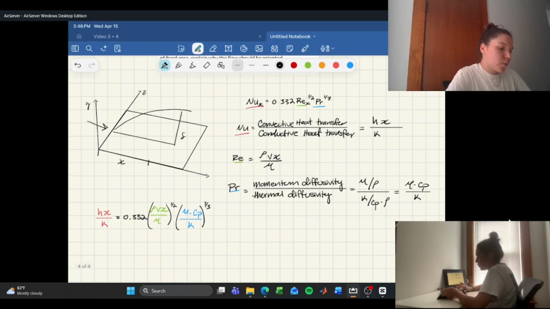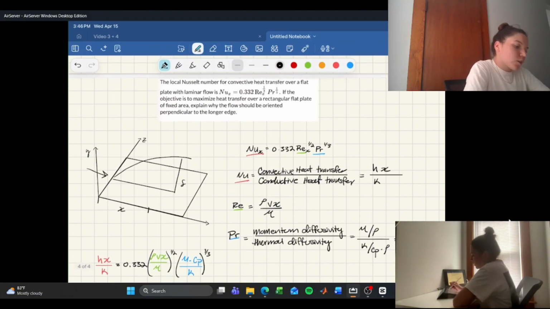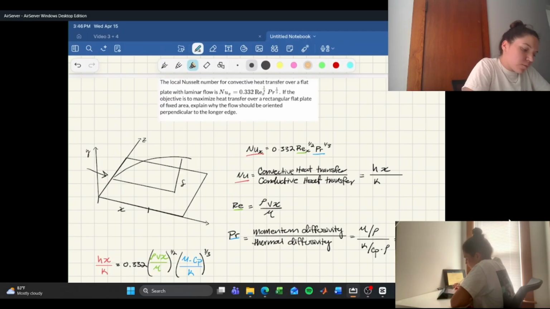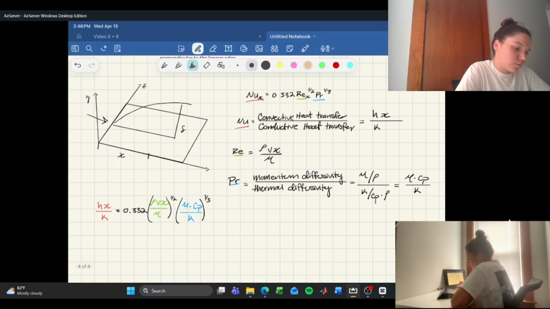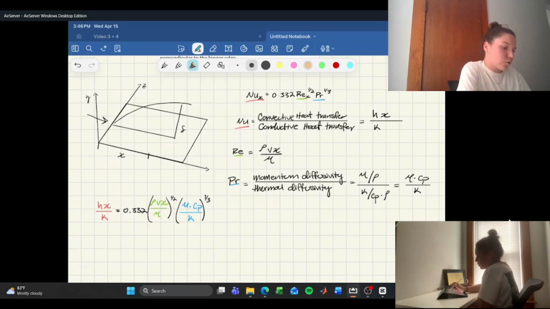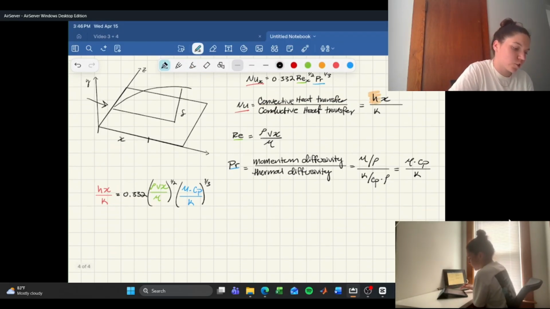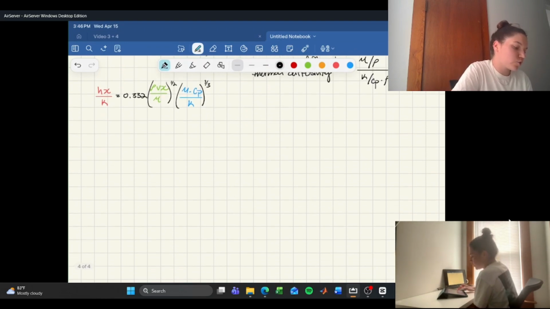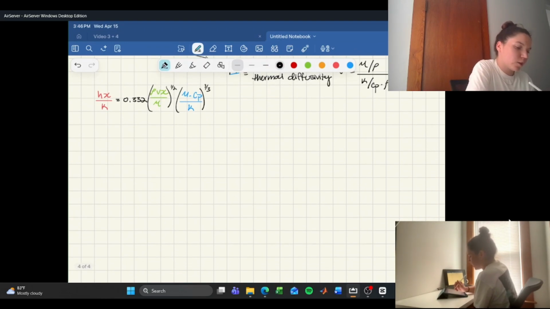Okay, if we remember at the beginning of the video that we're trying to maximize heat transfer, and we're using the convective heat transfer equation. If we're looking at where convective heat transfer takes place, it's in the numerator of Nusselt's number. So we're trying to focus on this h, the heat transfer coefficient for convective heat transfer. So we want h to be on its own.